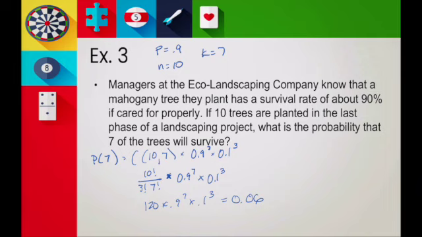Again, if you did it for 8 or 9 or 10 trees, you would get a much higher probability as we get close to 90%.